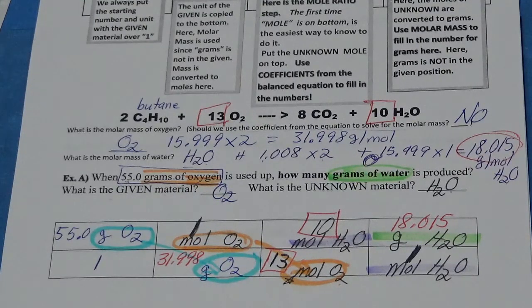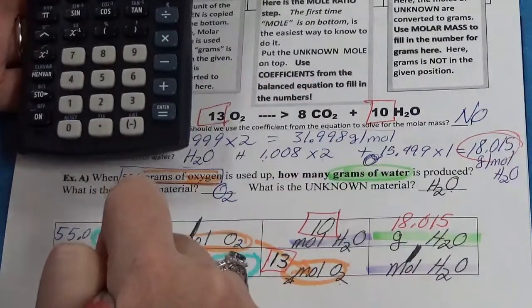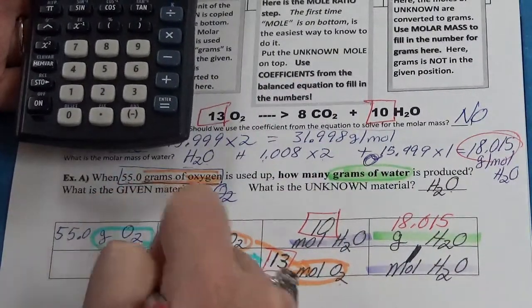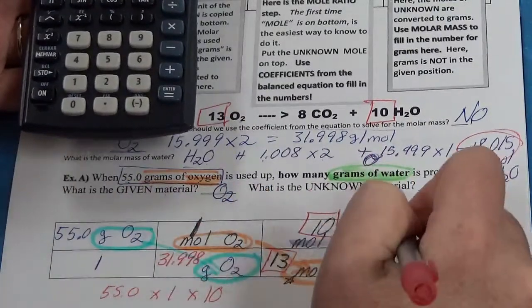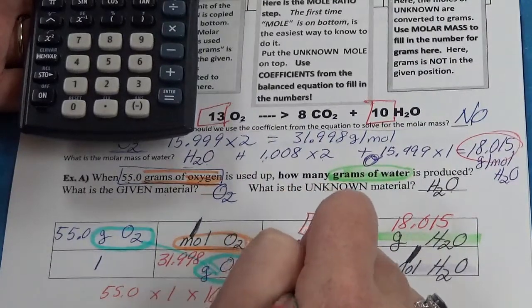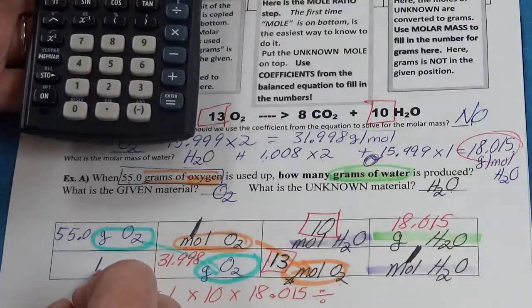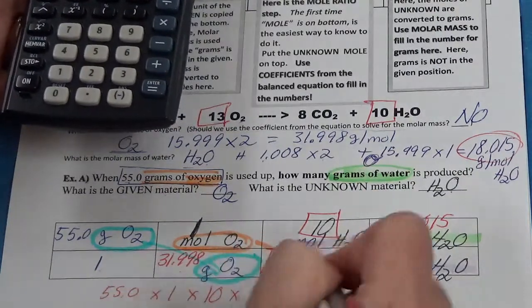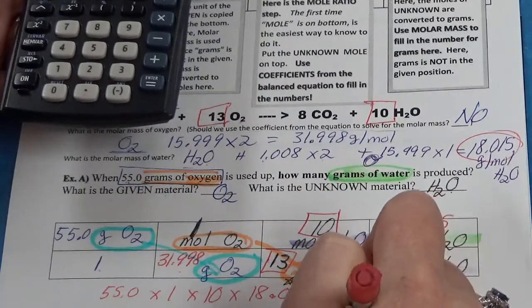We always multiply the tops. We always divide by the bottoms. So I'm doing 55.0 times 1 if you want, times 10, you have to, times 18.015. Divide by, okay, you can skip the 1, but you have to divide by 31.998.